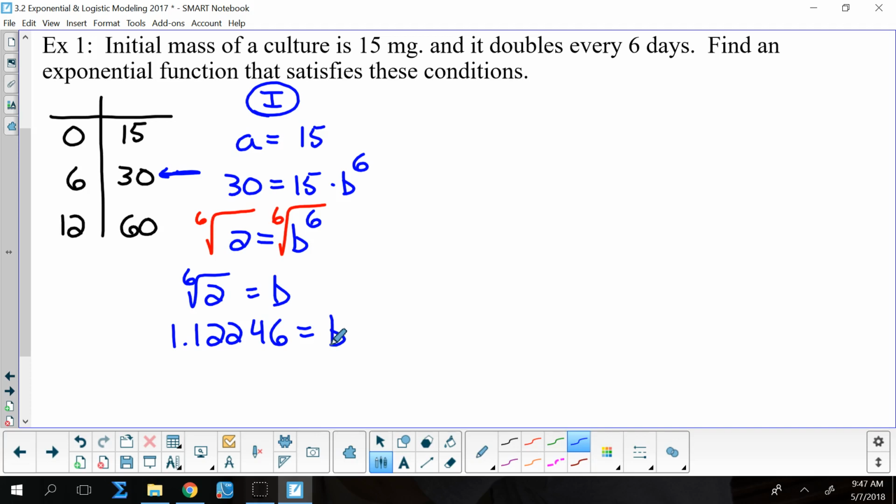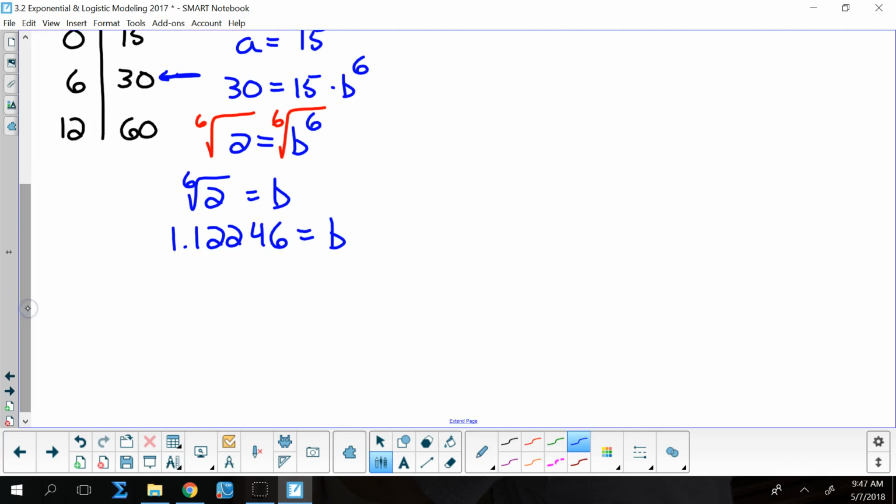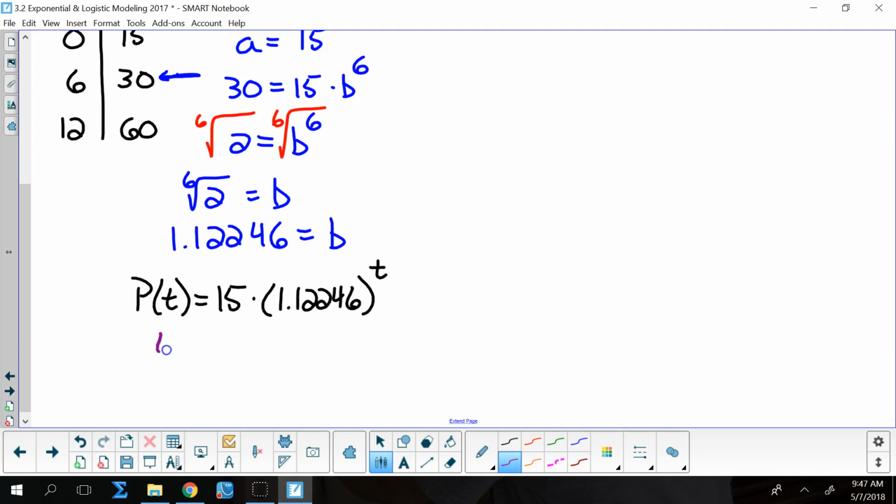So that would give me an exponential model. P of t would equal 15 times 1.12246 to the t power, and t is in days.